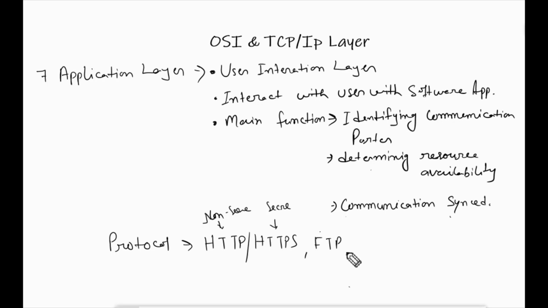FTP, File Transfer Protocol. TFTP, Trivial File Transfer Protocol. SMTP, Simple Mail Transfer Protocol, etc. So these are some of the protocols that work on the application layer and help the user interact with the application layer. So this is all about the OSI and TCP.